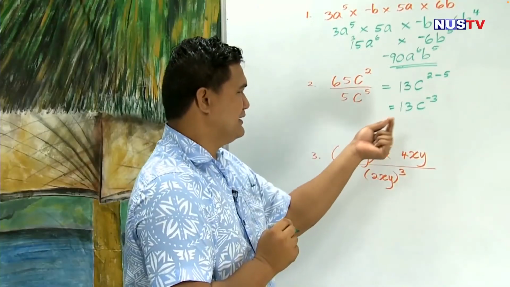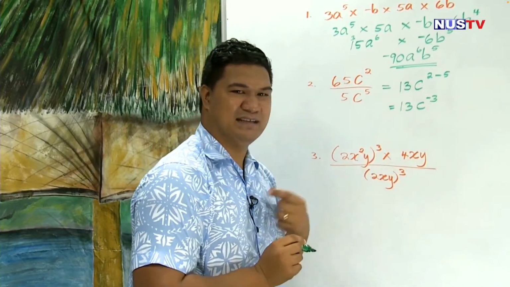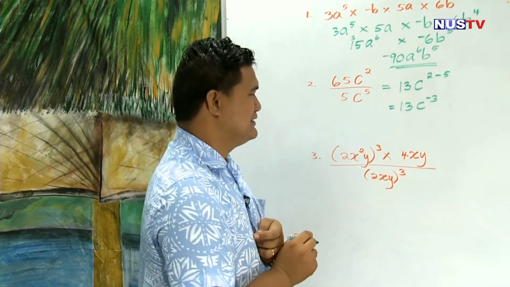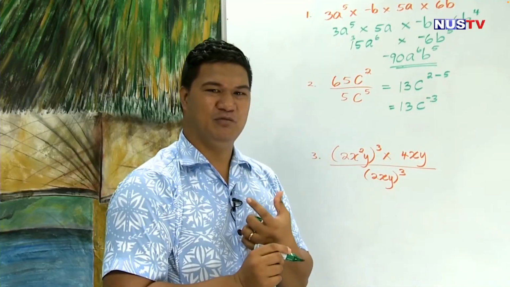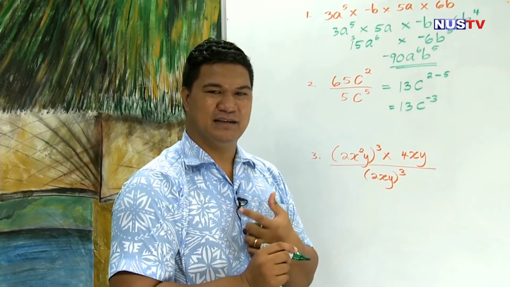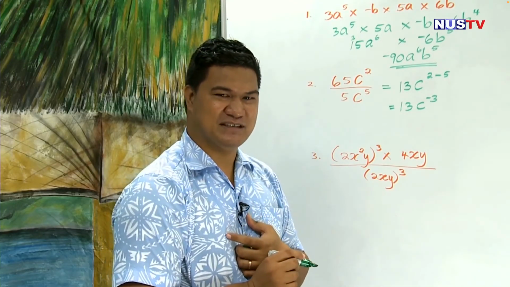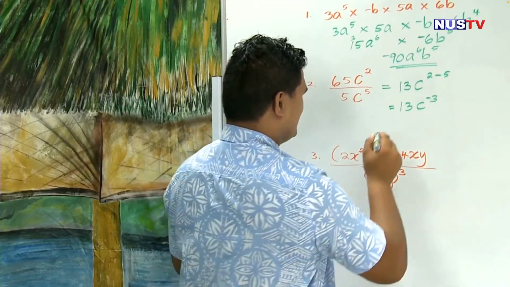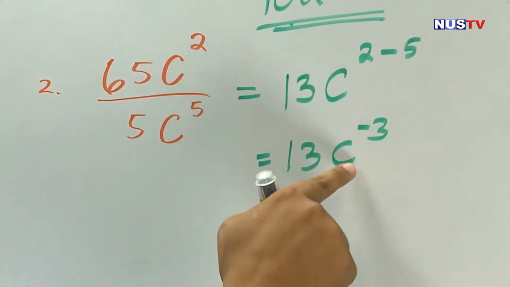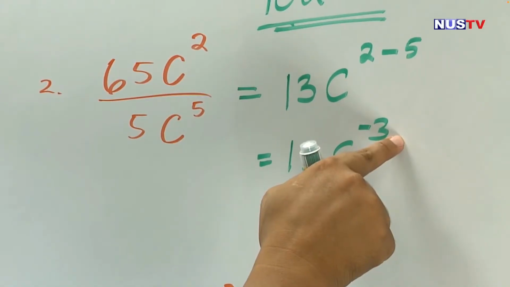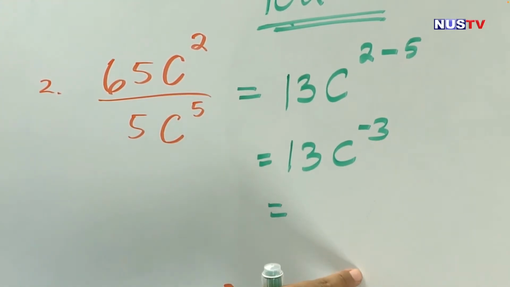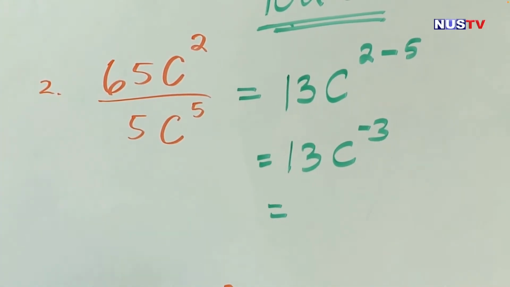Now we can see something that's a negative power here. In simplified form, a negative power is changed to become a positive power. So in this case, we're going to bring c to the power of negative 3 to the denominator to make the power positive.